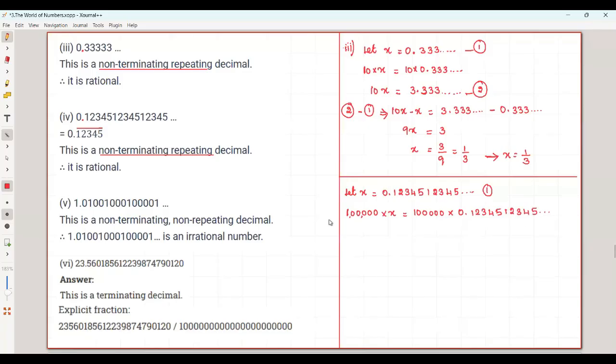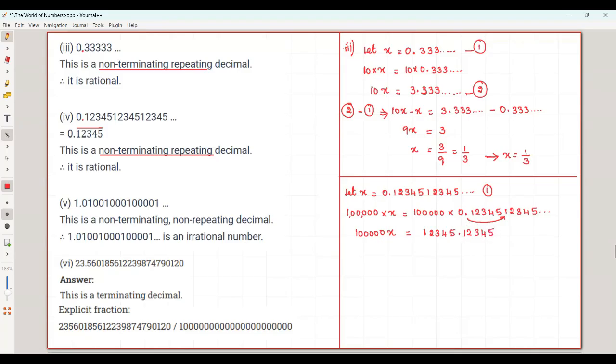Now just multiply it. 1 lakh into x will give 1 lakh x, and 12345 into x. If you are multiplying, you have to move the decimal point towards the right side by 5 places. It will move 5 places: 12345.12345.